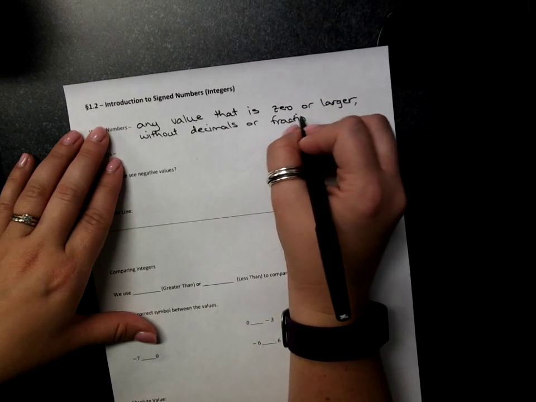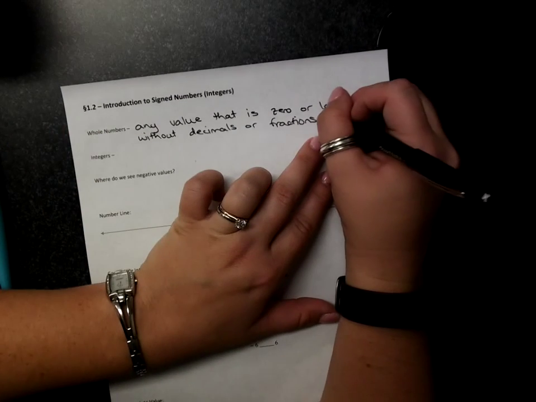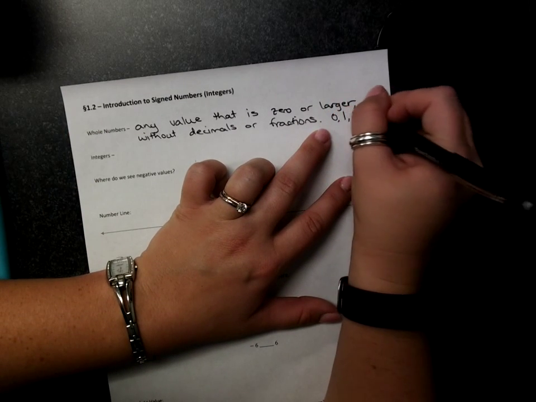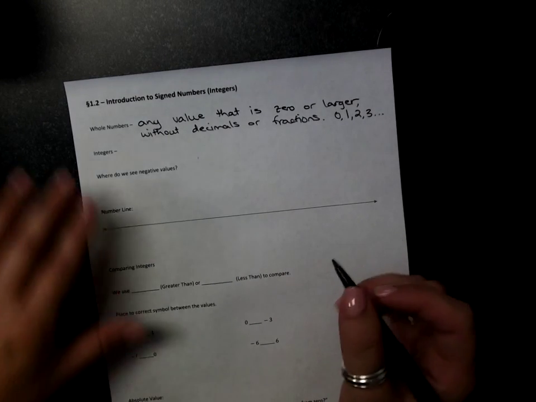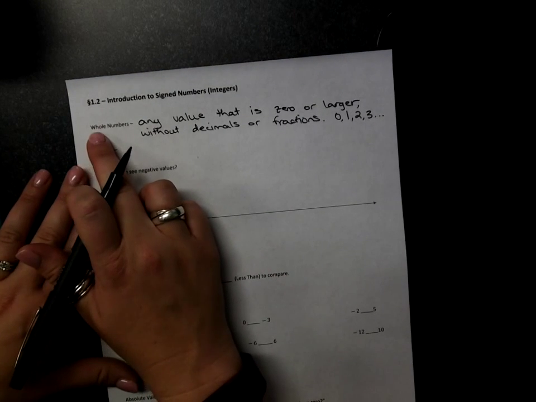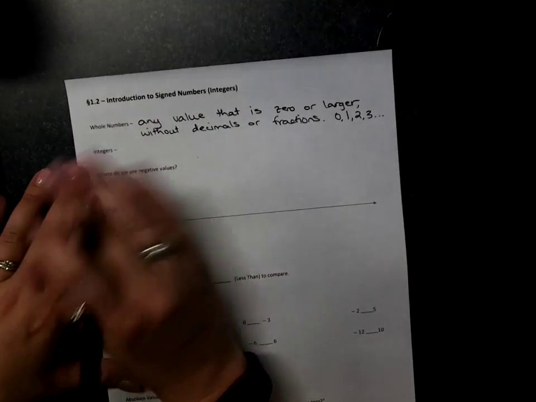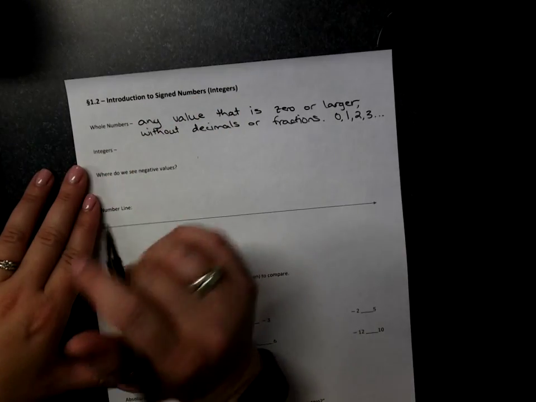So no fractions, no decimals. So that would be 0, 1, 2, 3, etc. on up, however much higher you want to count. Those are called whole numbers. So no negatives, no fractions, no decimals.